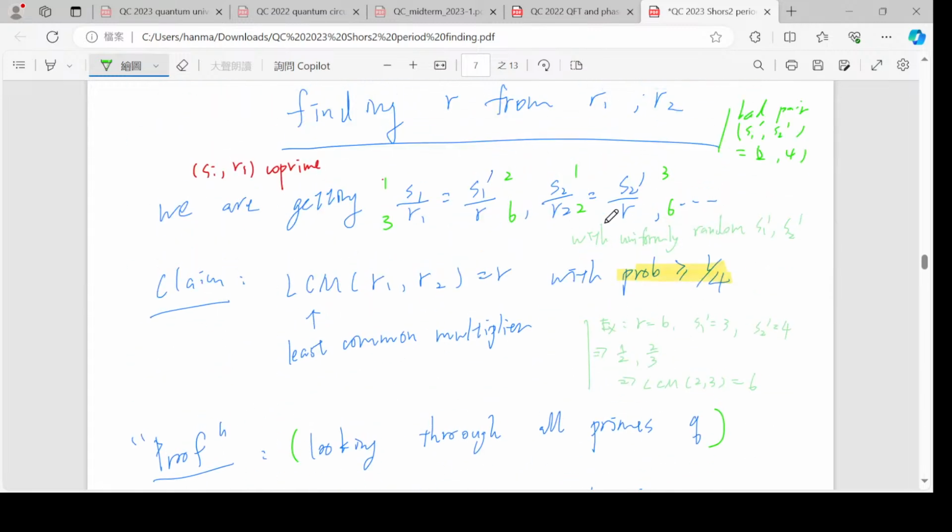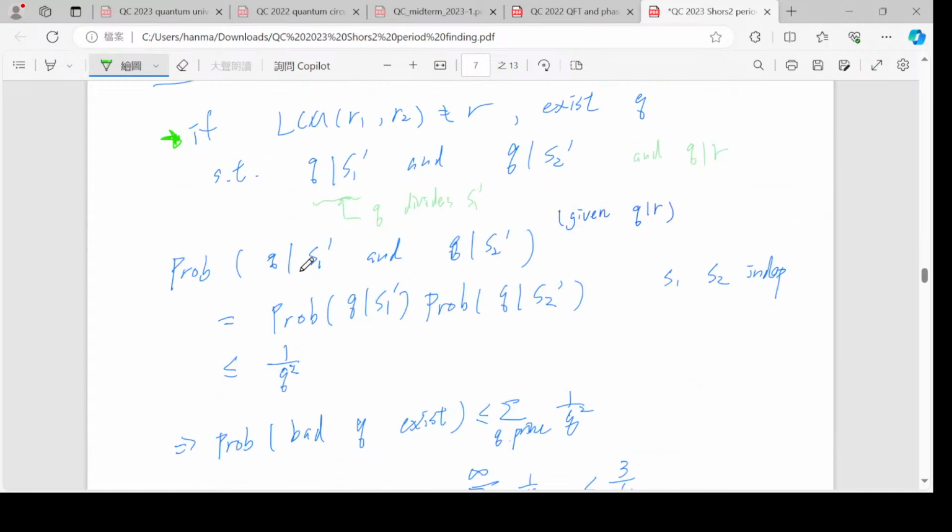Now we fix Q, and we think about the probability that S1 prime is divisible by Q and S2 prime is divisible by Q. Because those two draws are independent, the probability that both of these happen is just the product of the probabilities. So it's the probability Q divides S1 prime times the probability Q divides S2 prime. Here we are using S1 prime and S2 prime drawn independently.